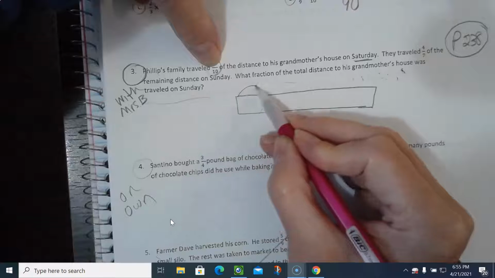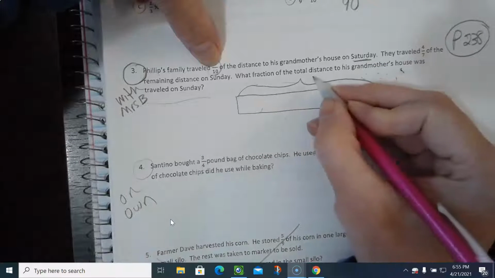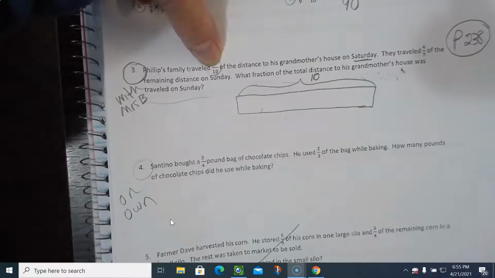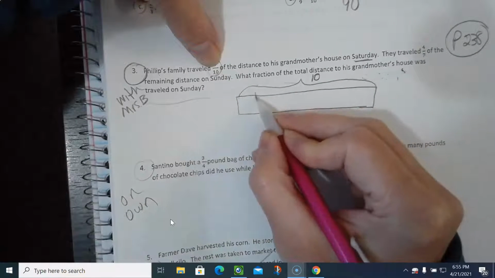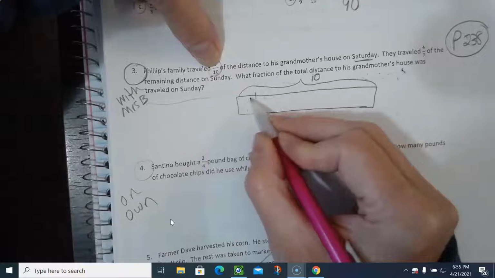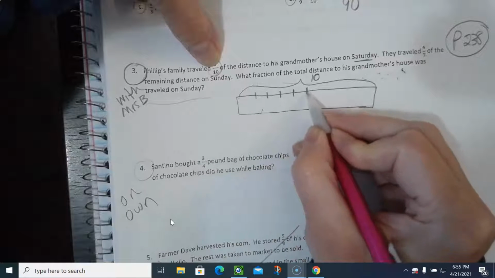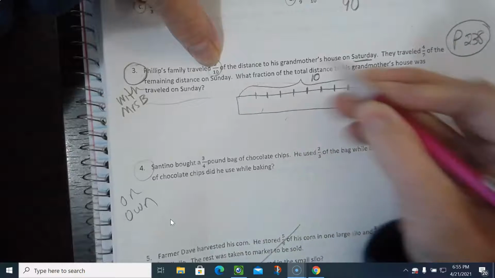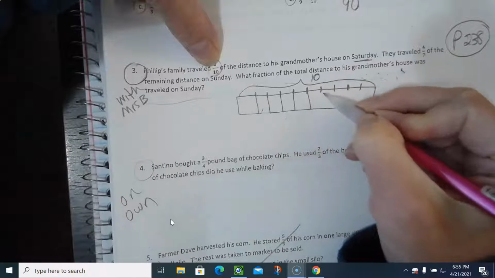So I'm going to make my little bracket, and I know that I'm going to partition this into tenths. To make tenths, I'm going to do 9 little marks, kind of evenly spaced. 1, 2, 3, 4, 5, 6, 7, 8, and 9. So go ahead and make that tape diagram.